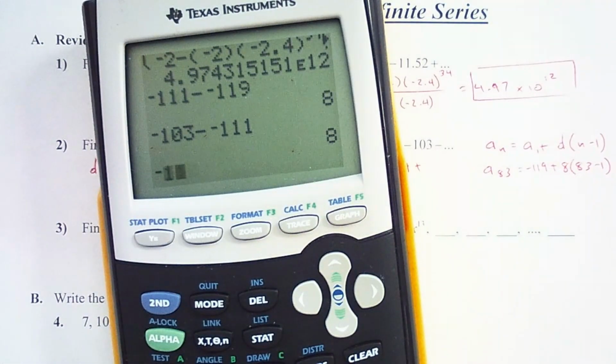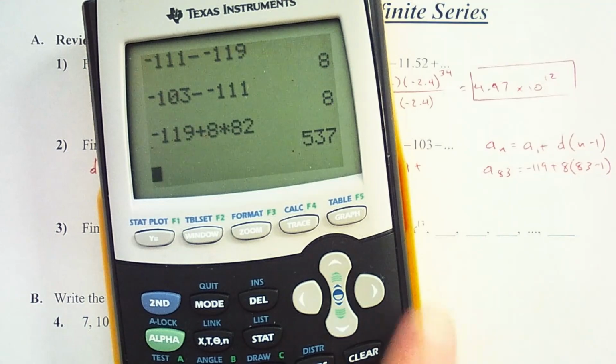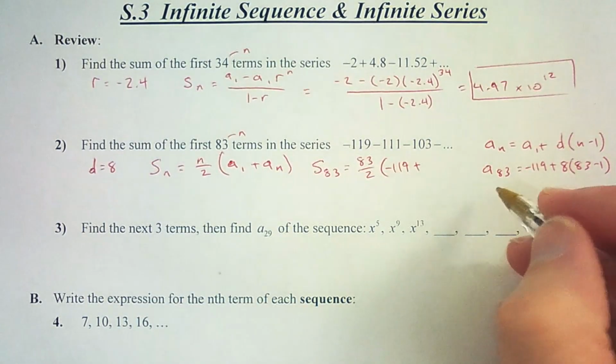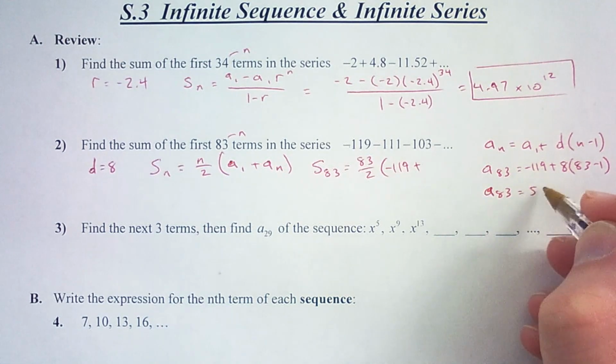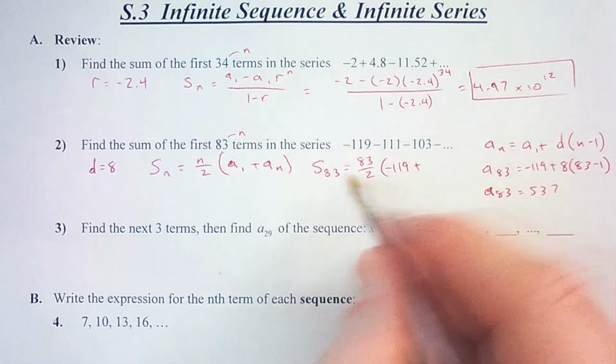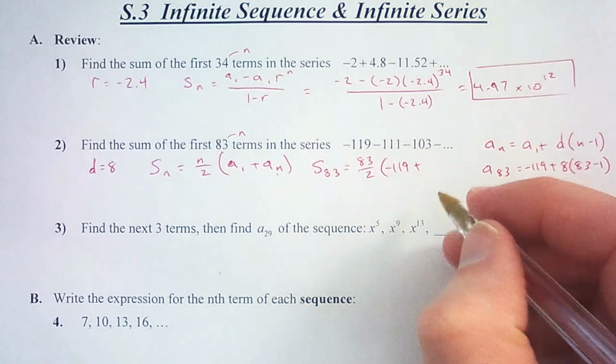So that's negative 119 plus 8 times 82, and that is 537. So the 83rd term has a value of 537. So I'll put that right here.